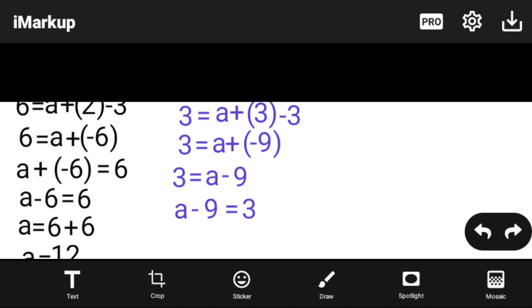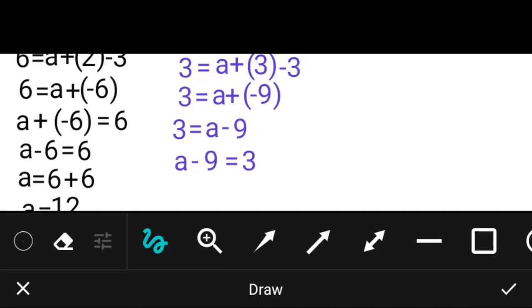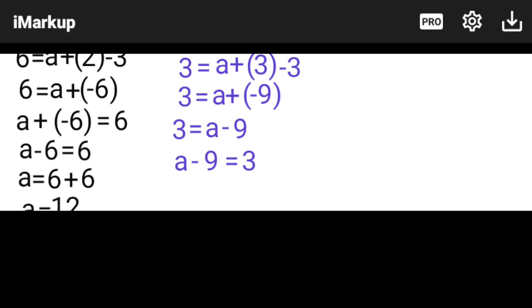Then from there now we need to take the negative 9 to this other side, so that we have the value for a. So the negative 9 will come this other side here, so that we get the value for a.